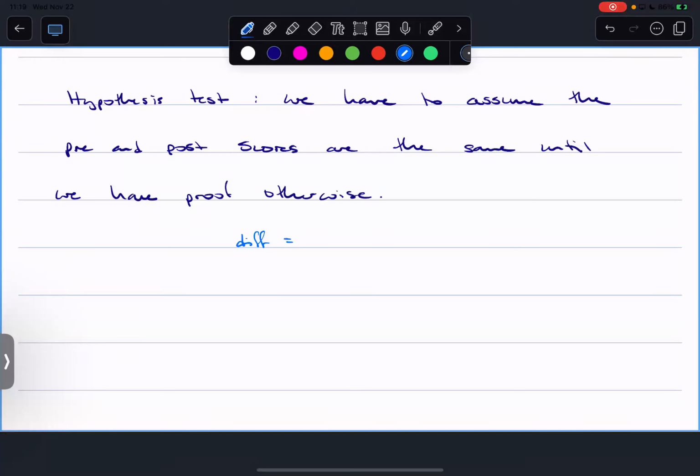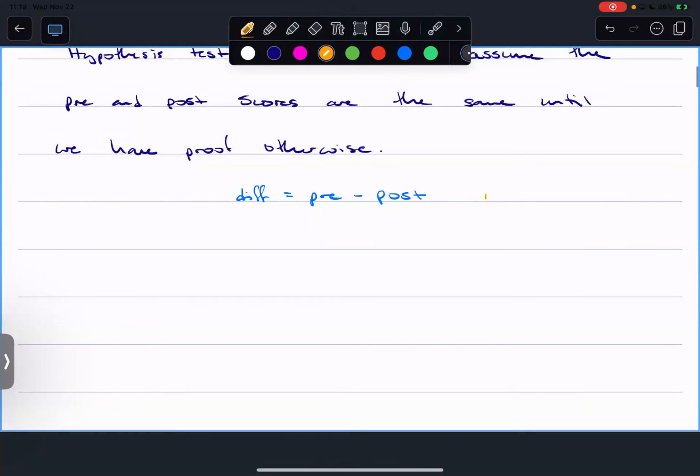So we said the difference is going to be, in our case, pre minus post. If they're the same, so if pre equals post, then the difference is 0, right?